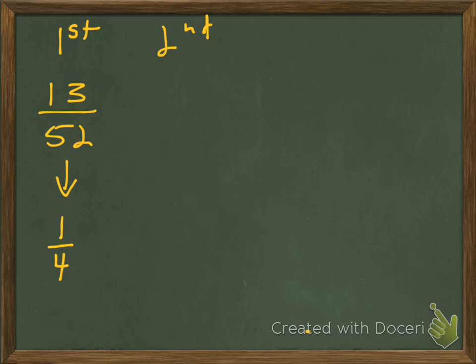Alright, now, the second one. How many spades are left in the deck now? 12. How many cards in the deck? 51. Alright. Can that be reduced? It sure can.